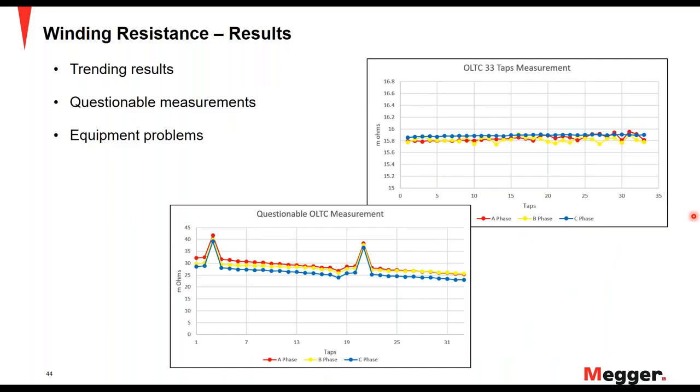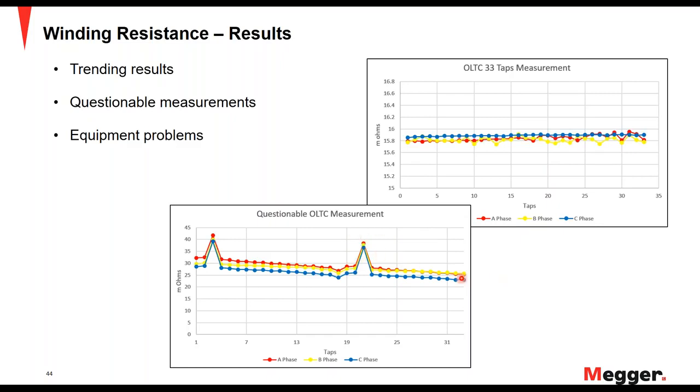Now, an important aspect is to have a graphical representation so that you can pick up any issues that might be occurring. This becomes especially important when you have an OLTC measurement. At the top right of the screen, you can see that an OLTC has been used to make winding resistance measurements across 33 taps. So you can have a very stable measurement that's within acceptance criteria, whereas on the bottom center of your screen, you can see a couple of taps that have a slightly higher value of winding resistance.